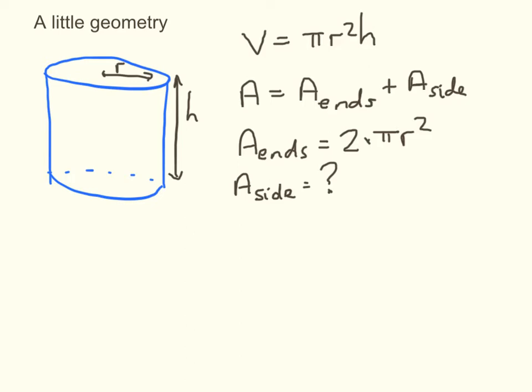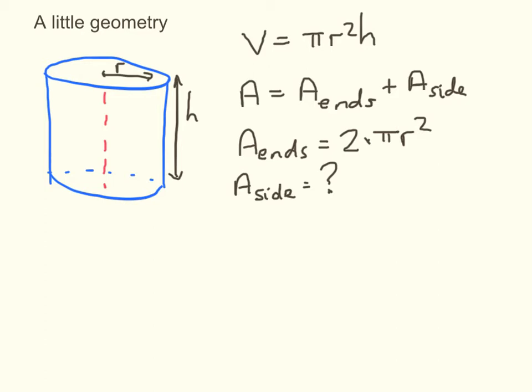The way to answer that is, imagine that this was a sheet of paper. Just imagine it was a tube and you wanted to work out what the area was. Well, you could always imagine cutting it down here like this and then unfurling it. If you unwrapped it, what you would get would be a rectangle.